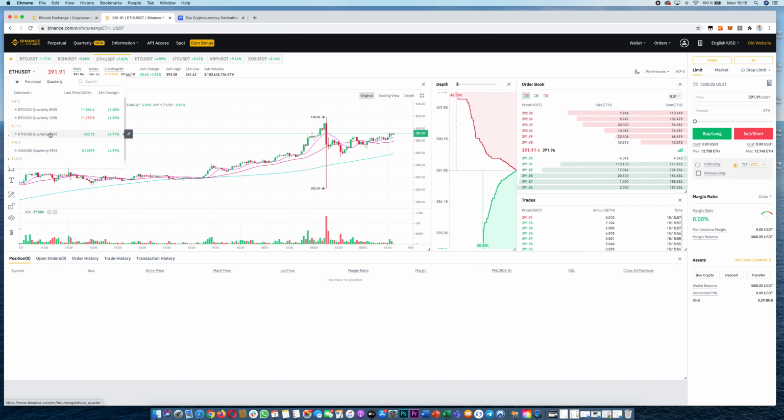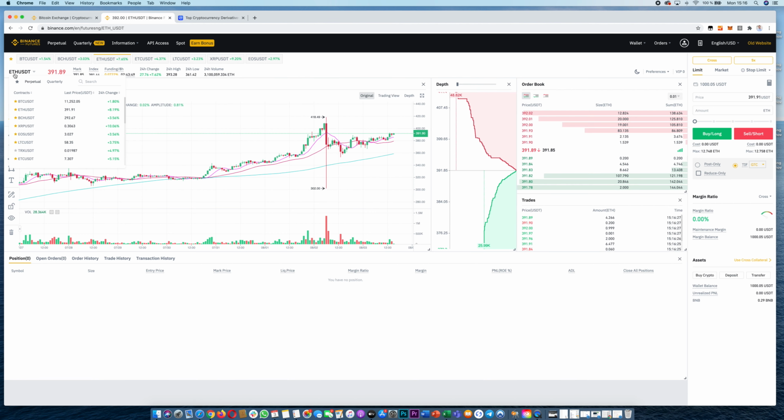And as you can see, the price with the quarterly contract is a bit higher than for the perpetual. The reason is that most people believe the price of Ethereum will go up anyway. So that's why the price of the quarterly contract is higher. However, most people usually trade perpetuals because at futures trading, you don't stay in the position for that long usually.